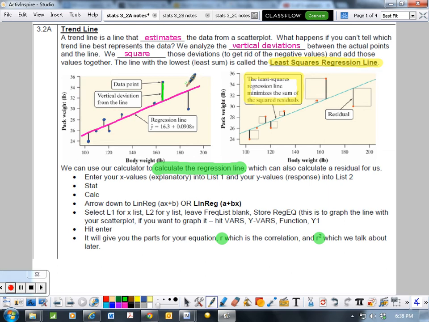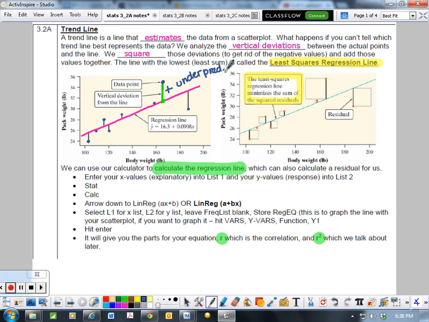In fact, this difference is saying that my line is going to predict this value, but my actual value is here. So it's under predicting what's going to happen at that point. And so this is what we would call a positive residual, because it's above the line, but it is under predicting what is happening.